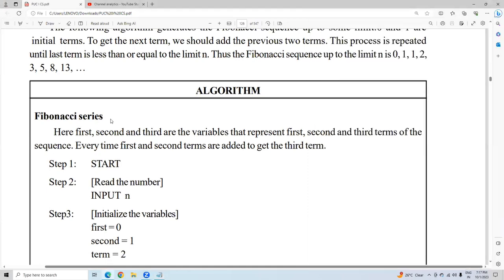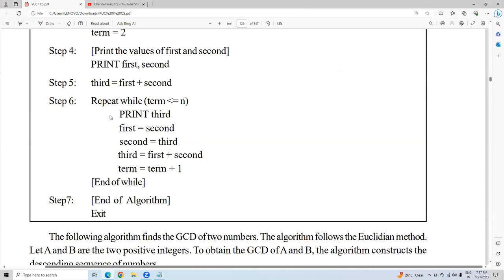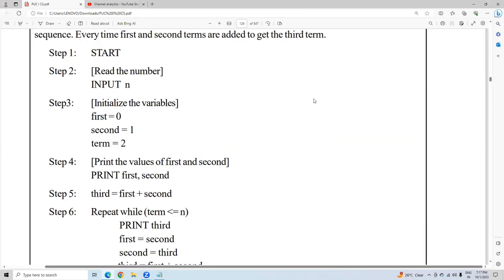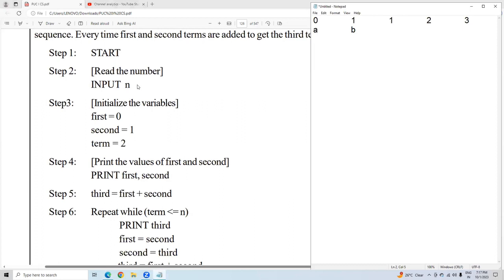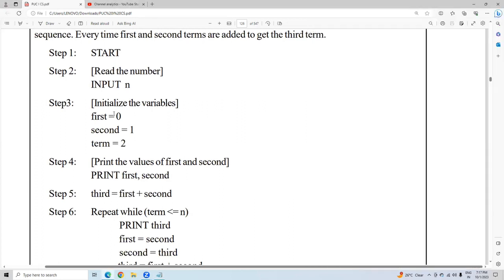So here, they have taken a value n. They have initialized the first variable to 0, second as 1, and term equal to 2. Print first and second. First is 0, second is 1. That means in first and second, what we have, 0 and 1, those are the two predefined values for this formula.